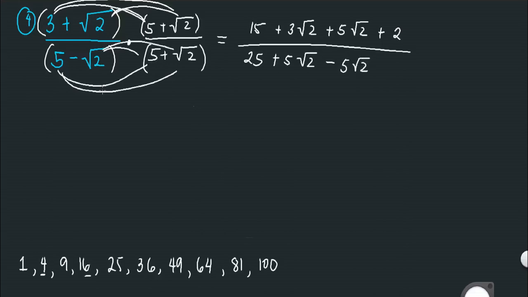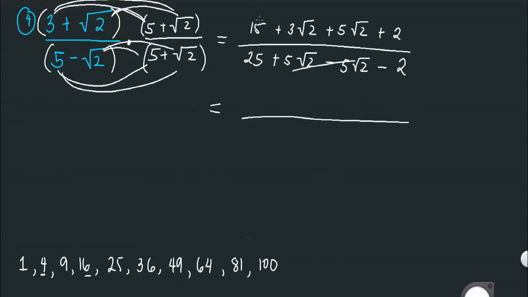Last, negative square root of 2 times positive square root of 2, we have negative 2. Okay? So, bakit naging negative 2? Negative square root of 2 times positive square root of 2 is negative square root of 4. So, square root of 4 is 2 times negative, negative 2 po. Okay? So, ngayon, simplify natin. So, ito cancel na yan.